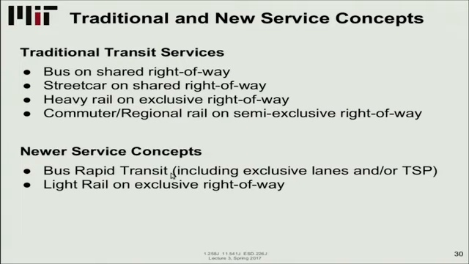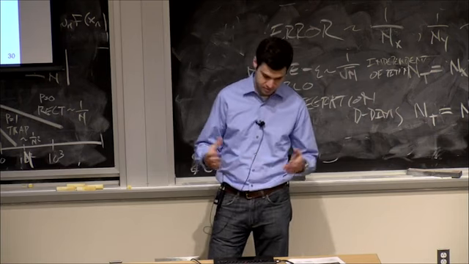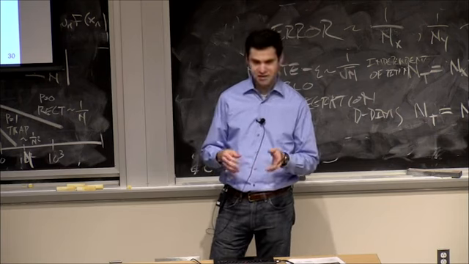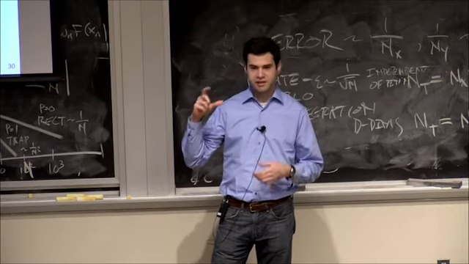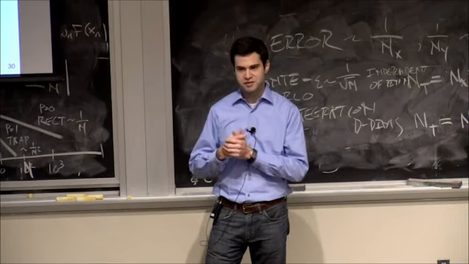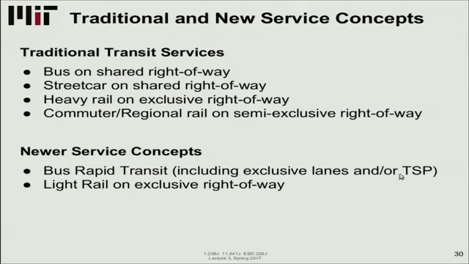So we're looking at using buses to operate something that is more akin to light rail or even to lighter heavy rail if you want. So including exclusive lanes and/or transit signal priority, where the signals turn green when one of these vehicles approaches to not delay the vehicle. And then light rail on exclusive right-of-way, which makes it more like heavy rail if you look at the stereotypical descriptions that we had here.